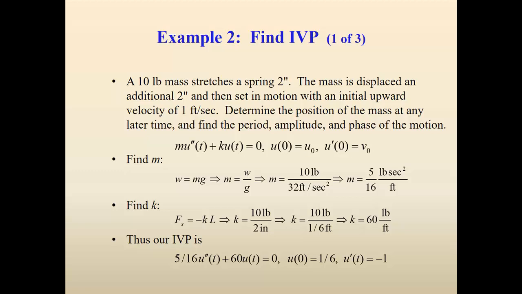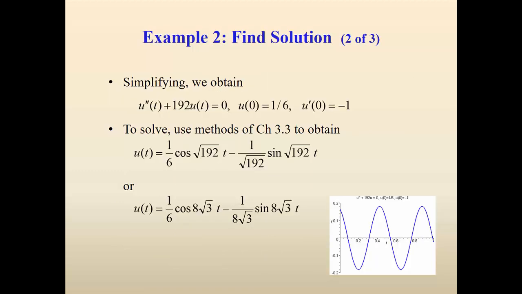So I have 5/16 u double prime plus 60 u is equal to 0. So if I divide by 5, that'd be 1/16 u double prime plus 12u. And then if I multiply it by 16, well, 12 times 16 is 192.